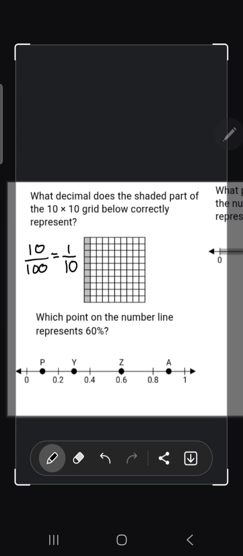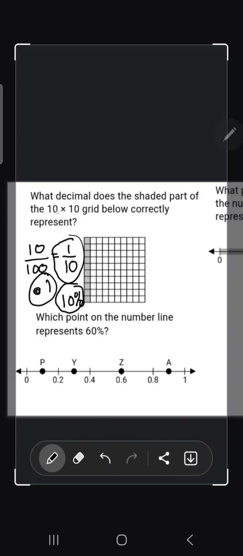So 1/10 would be my fraction. Okay. Doing 1 divided by 10 would give me 0.1 as the equivalent decimal that goes with 1/10. So we have the fraction, we have the decimal, and if we multiply that by 100, we would get 10%. All three of those are the same.